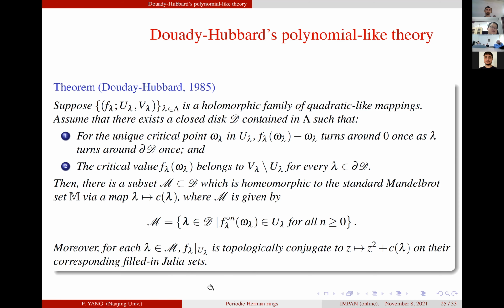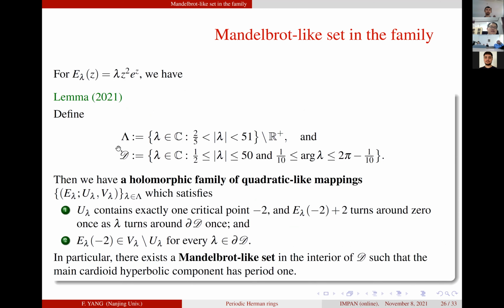So in our case, for this family, we can find explicit definitions of the big Lambda and the D. The big Lambda is a disk minus the positive real line, and D is a subset of Lambda. I think it is like a sector, but it is compactly contained in big Lambda.